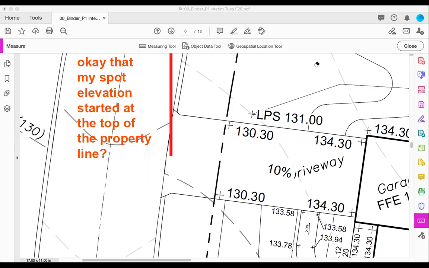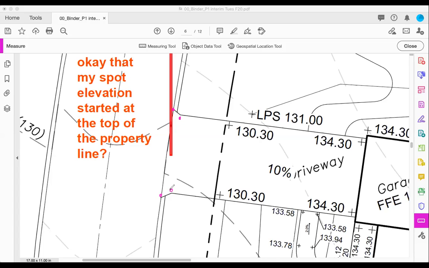The first thing is, when we construct the driveway, those are the spots that we need to stake out to make sure that we build it correctly, right? And how do we determine this?